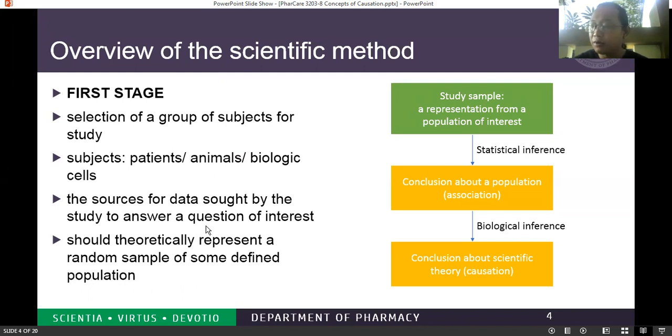And there are some sampling methods, such as convenience sampling. In general, the sampling methods are divided into two categories: the probability sampling and the non-probability sampling. In probability sampling, we can use simple random sampling.